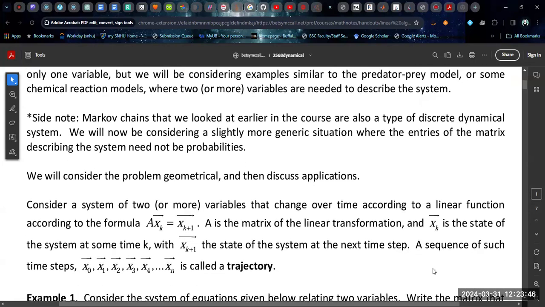Now, Markov chains are a kind of discrete dynamical system with extra properties, where the matrix entries represent probabilities. That is going to be considered in another video, but everything that we're going to talk about in this video applies to all discrete dynamical systems, not just Markov chains.